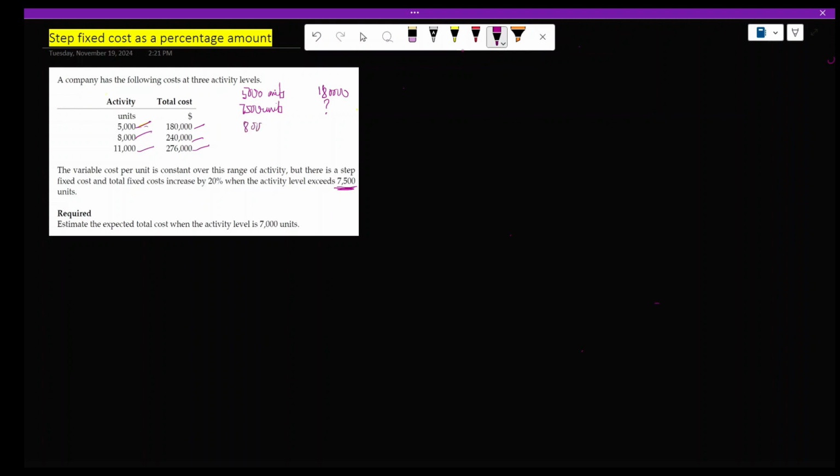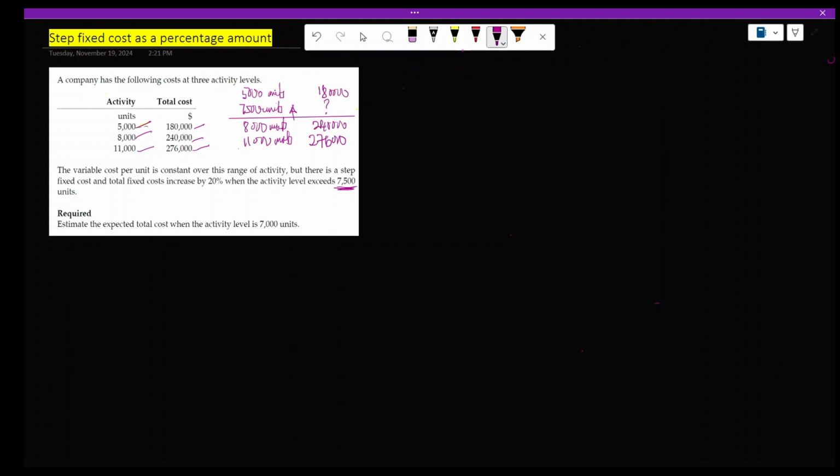We have 8,000 units, and its associated cost is 240,000 US dollars. Then 11,000 units, its associated cost is 276,000. Now what we need to do is use the units above 7,500 to find the fixed cost and scale that fixed cost back to when we have 7,500.